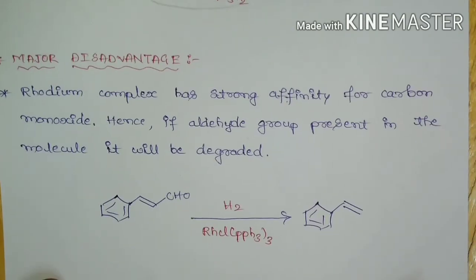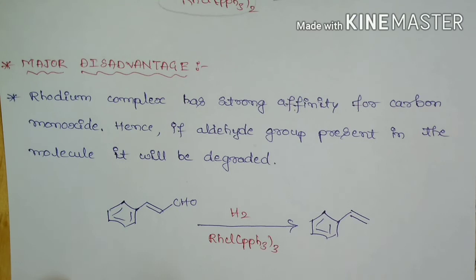If we want reduction of this double bond by Wilkinson catalyst, then because of its affinity towards carbon monoxide, it will degrade this aldehyde group and give this product, which is not the expected product.